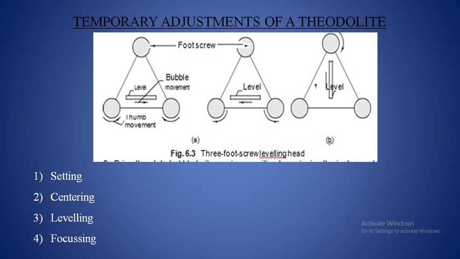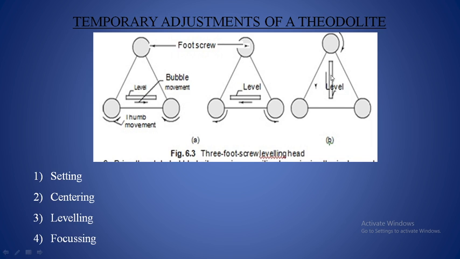When it arrives at the center, you rotate the telescope in the horizontal plane and keep it perpendicular to the first 2 foot screws which you have rotated. Then rotate only the remaining single foot screw, either inwards or outwards, to make the bubble come to the center.